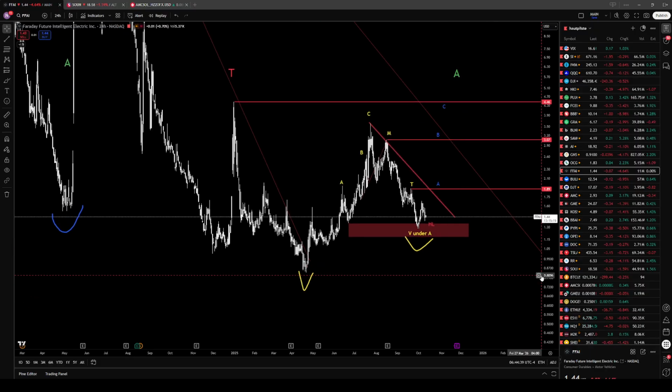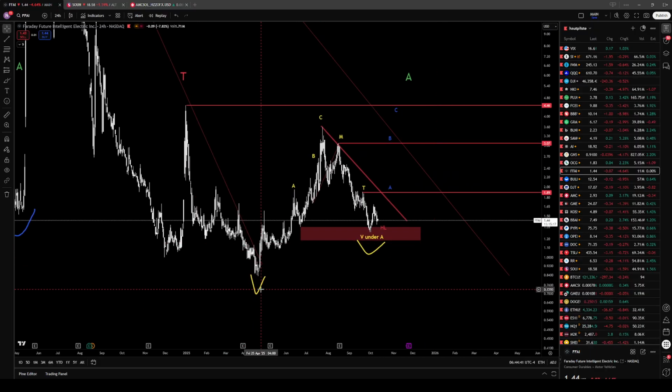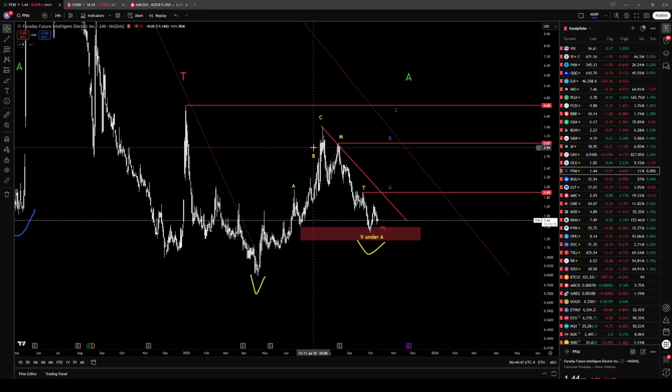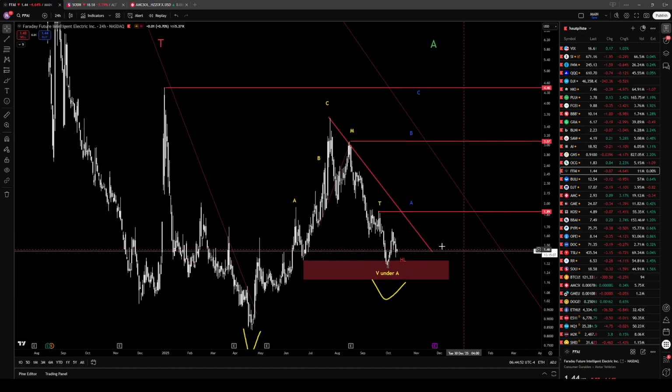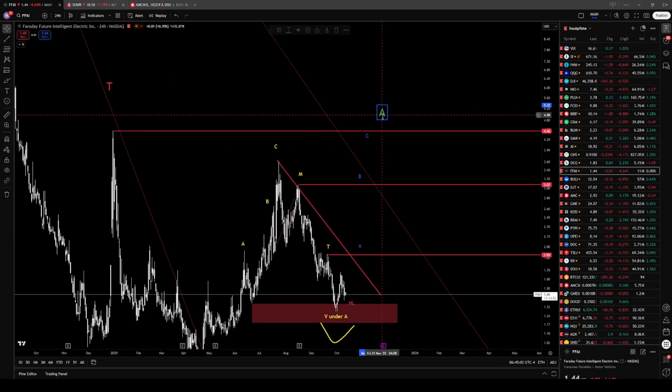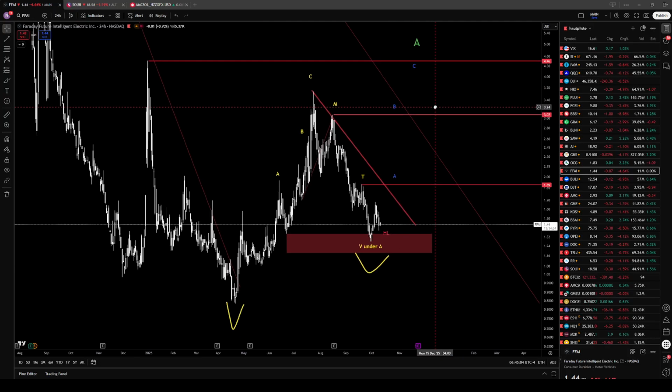For the bullish tracking right now, V, small a, small b, small c, midpoint, T, B under A, perfect, higher low, right now perfectly holding. Next thing would be 180 for A, for small a, $3 for small b, and your big A would be a small c.